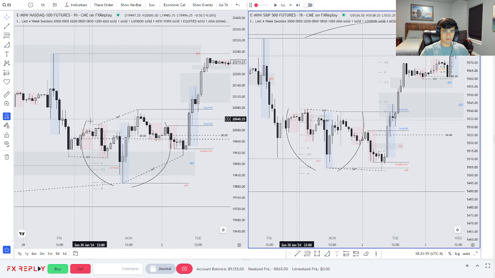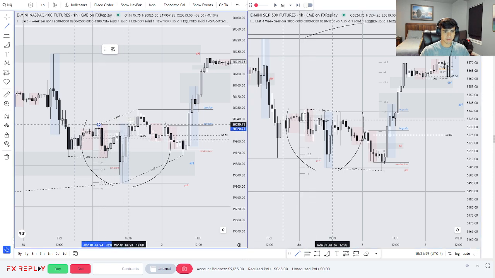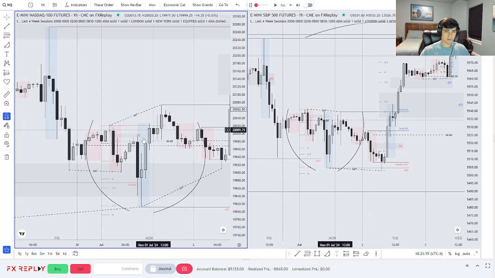Right? This would be a buy model. Here's our sell side of the curve, our buy side of the curve, and we can see that NQ reaches the external range liquidity, which would be this significant swing point in the market right here. This high right here, this is fucking messy.